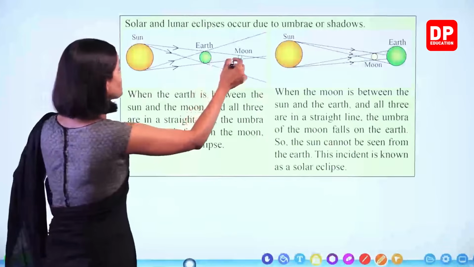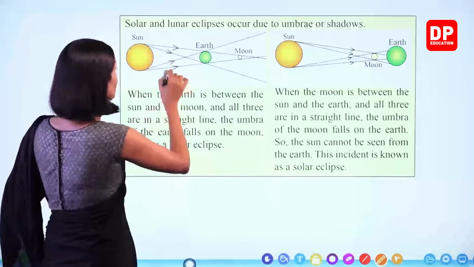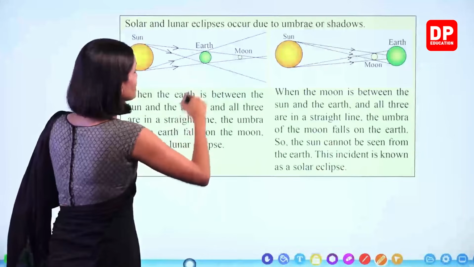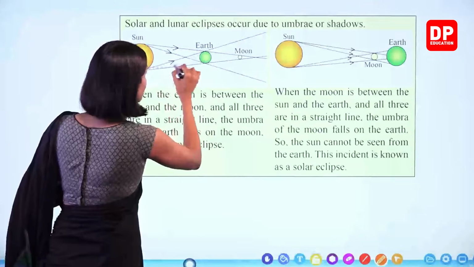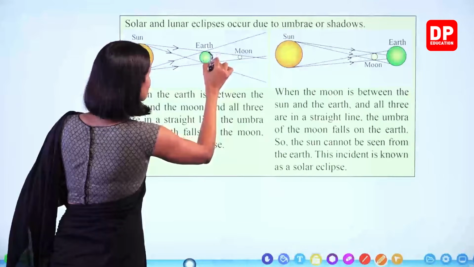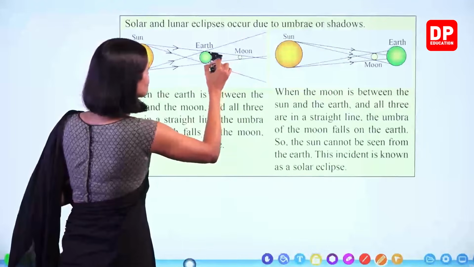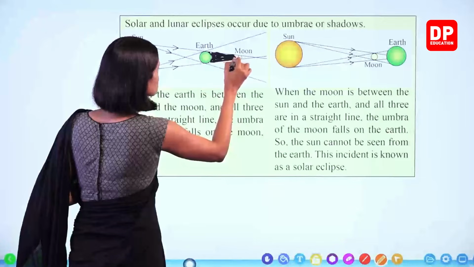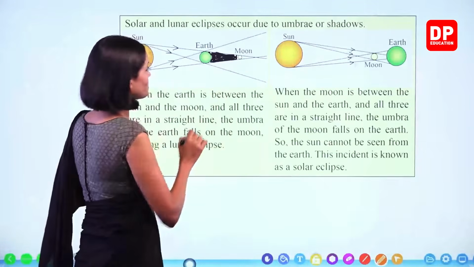Now here what happens? In these types of instances, you all can see the sunlight gets blocked away by the earth. Therefore, you all can see, this is where the sunlight falls. This is where the shadow, the umbra of the earth, is formed.